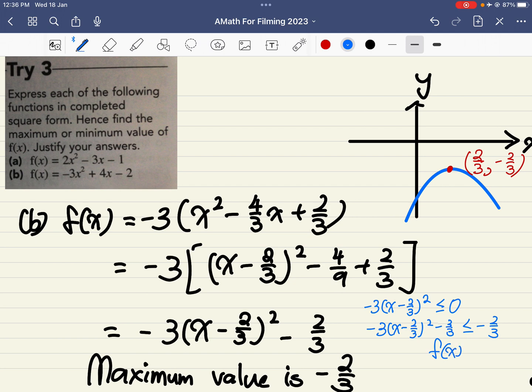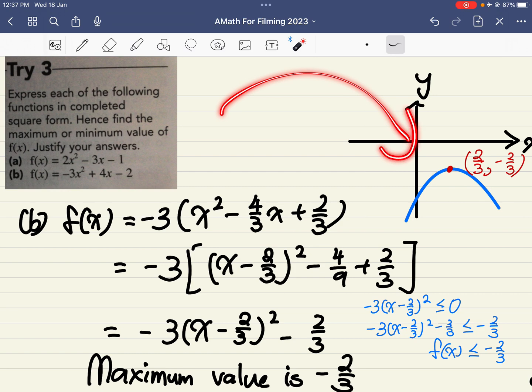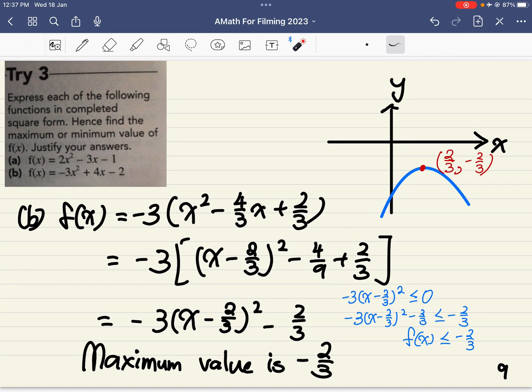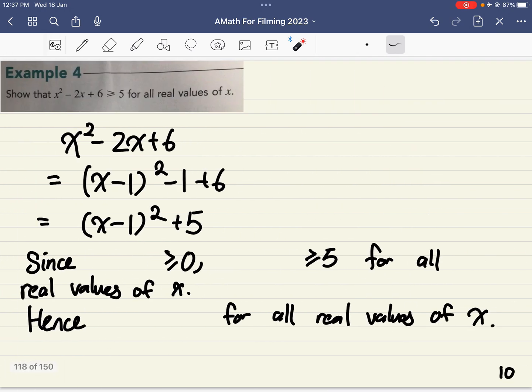Hence, f(x) will always be less than or equal to -2/3. So that means f(x), the function, has a maximum value of -2/3. To make better sense of it, I've sketched the graph for you on the side of the slide over here. Okay, I'm going to move on to example 4 now.